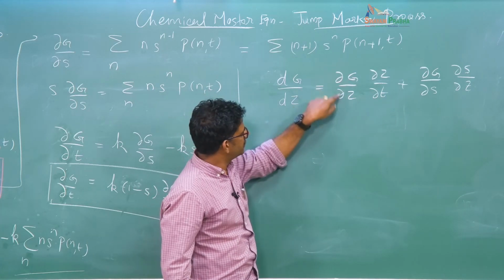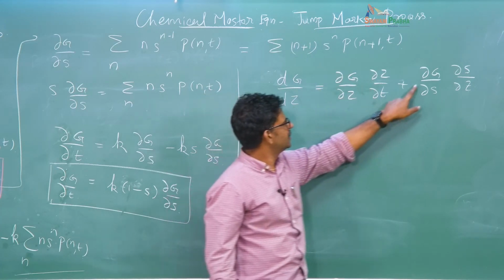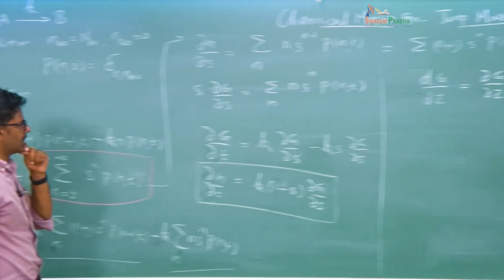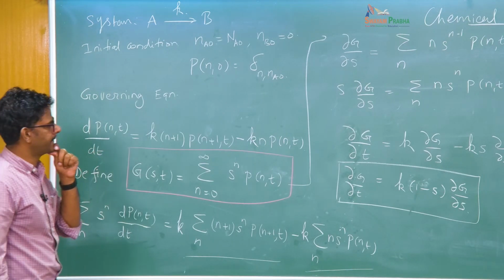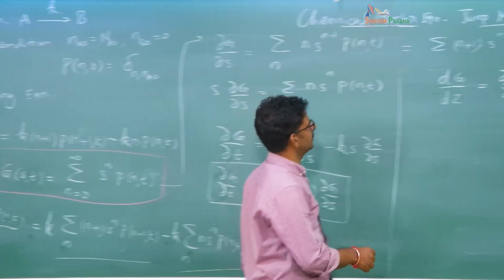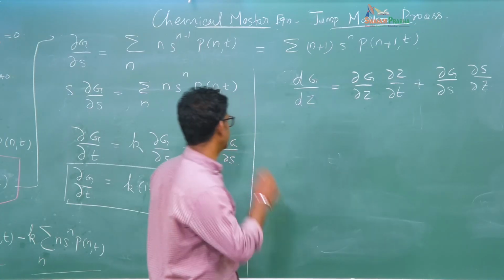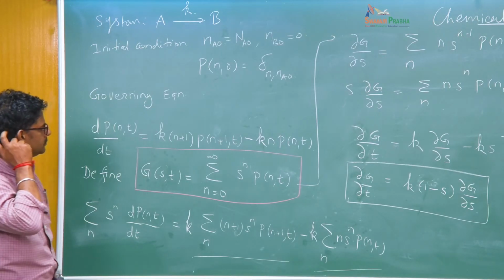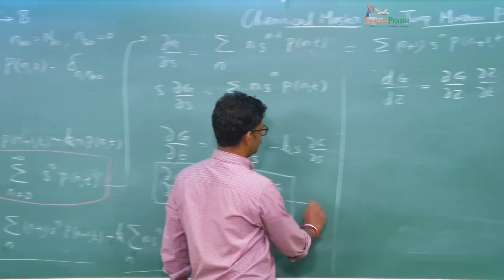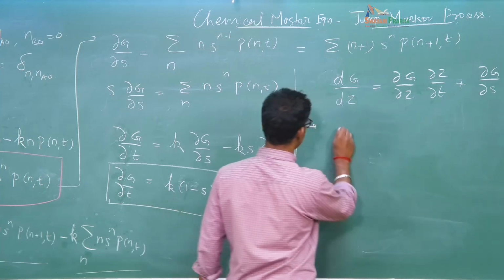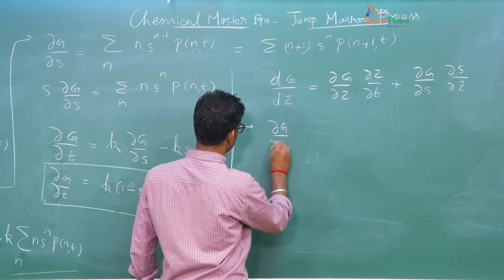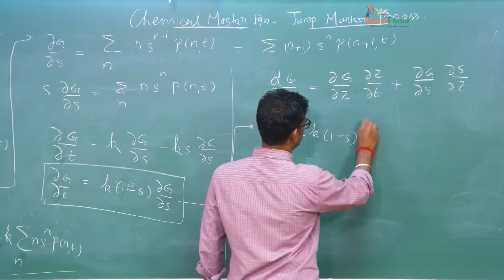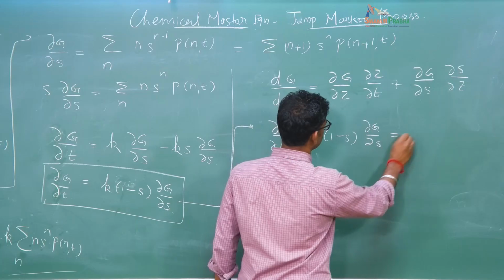I look at dou G by dou T times dou T by dou Z, plus dou G by dou S times dou S by dou Z. Sorry, this should be, yeah, correct. So from here, this is the equation that we want to solve: dou G by dou T minus K times 1 minus S times dou G by dou S equals 0.